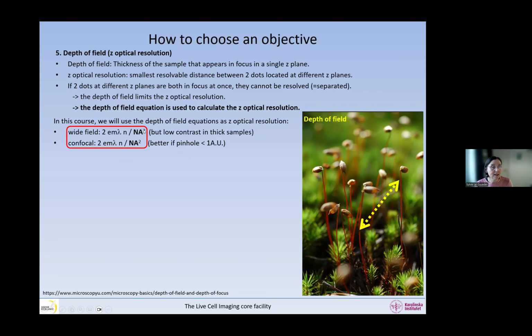So that means that in Z, the numerical aperture has a much stronger effect than in XY. It has an effect in XY, but very strong in Z. So changing to a higher numerical aperture objective will have a very strong effect on Z, more than in XY.